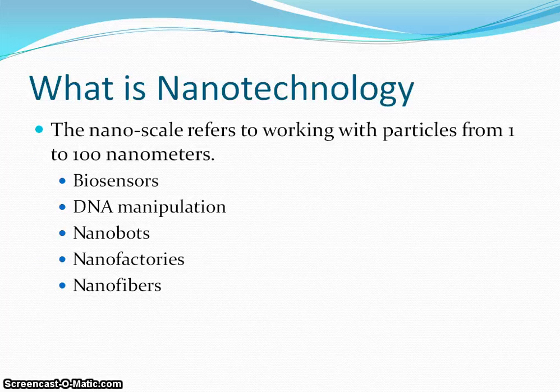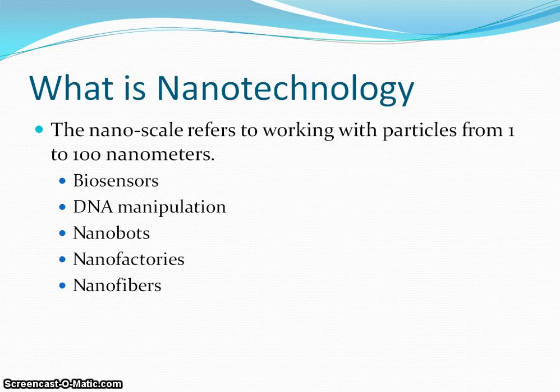Okay, so nanotechnology, this is anything from 1 to 100 nanometers. That's actually pretty small. You would need a scanning electron microscope to see this. A normal microscope is actually just an electric microscope, so that won't be able to pick up anything this small.